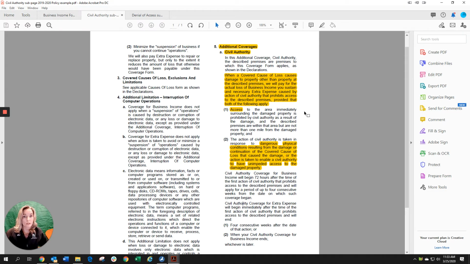So they close down the retail store and the gym. For those two weeks, these two policies would go back to civil authority, and because of damage to a property within, on this form, was it a mile, they would have coverage for their loss of income during that period of time.